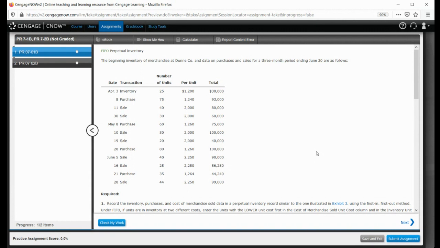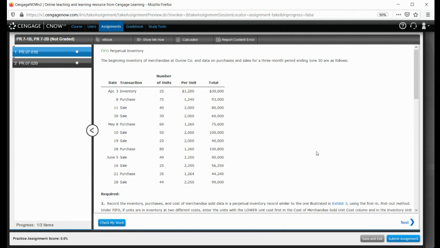You'll remember from the last chapter when we talked about the perpetual inventory system, we were talking about inventory that would be kept up with on a continuous basis.